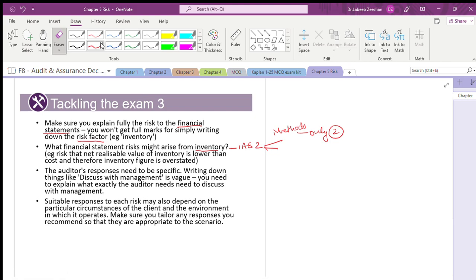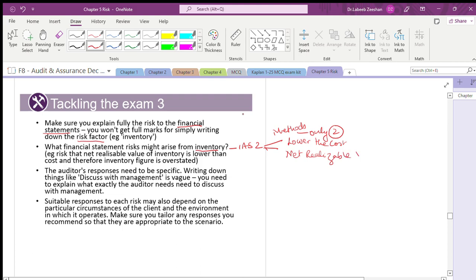Yeah. There are only two methods. The first one is lower of cost. The second one is net realizable value. Inventory comes in IAS 2, International Accounting Standard 2.